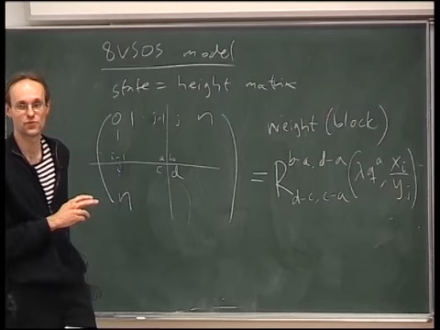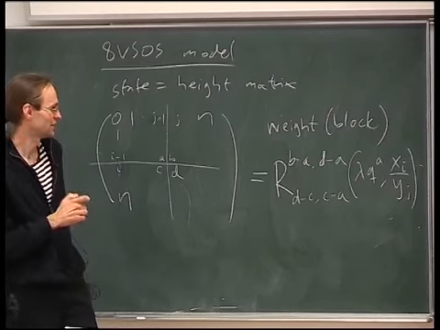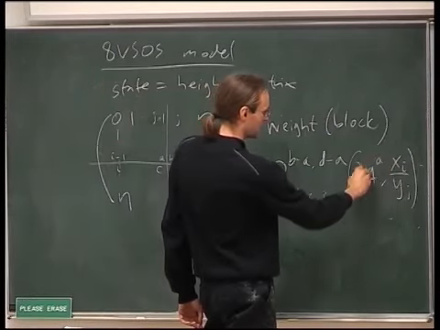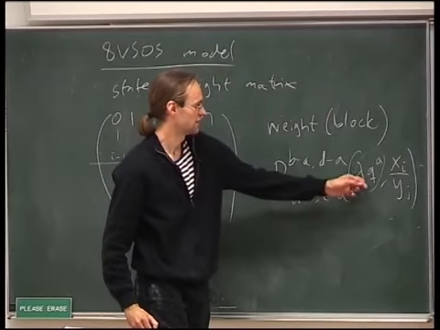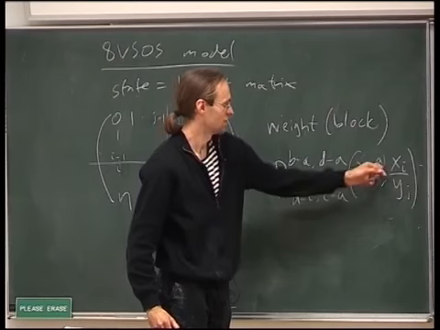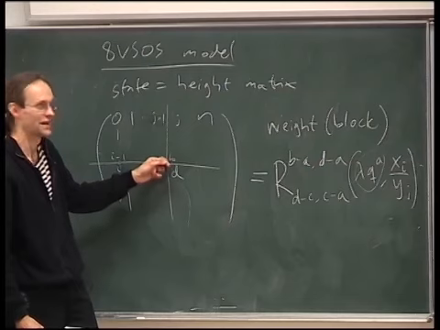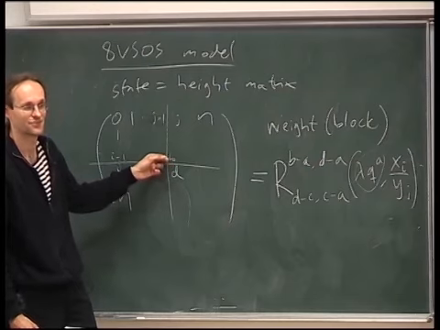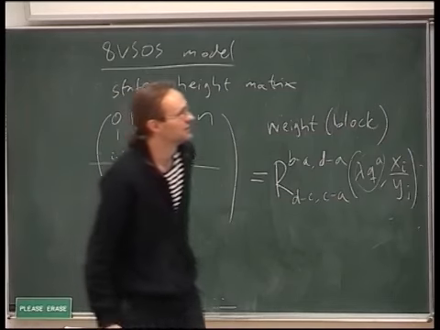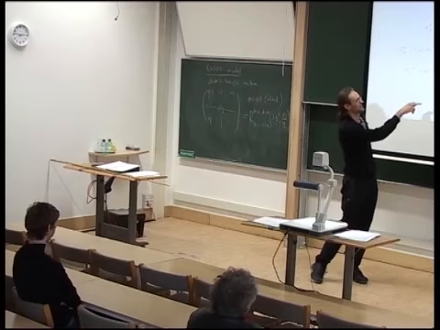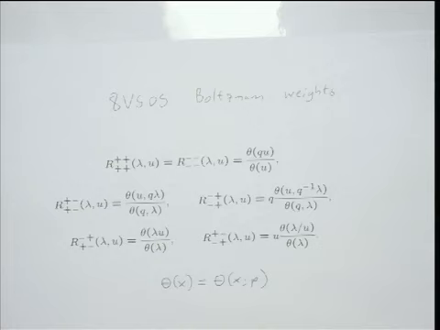And if you're familiar with the 6-vertex model, but not with this, the main thing here is really this extra variable lambda, where you have to shift lambda by q to the a, where a is the actual entry of the height matrix at the upper left corner here. And the Boltzmann weights are given by theta functions, but by these formulas that are maybe not so interesting to look at.